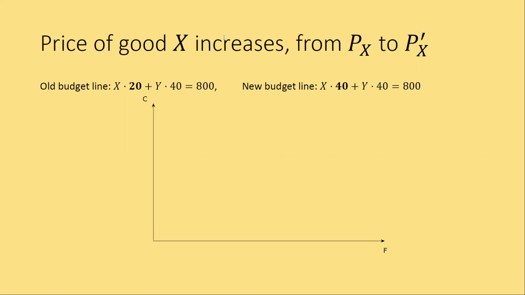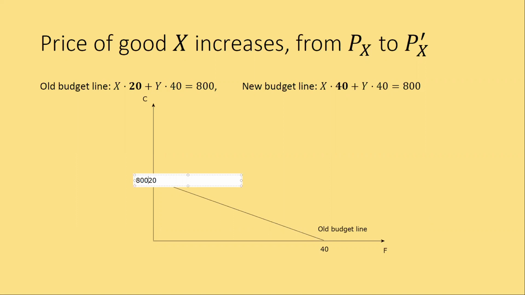So the budget line we just drew, we know that it looks something like this for the old one. So this is our old budget line, with the corresponding intercepts, that is 40 over here and 20 over here. And how do we find this 20?